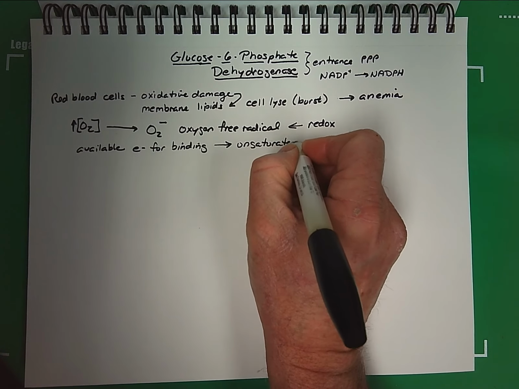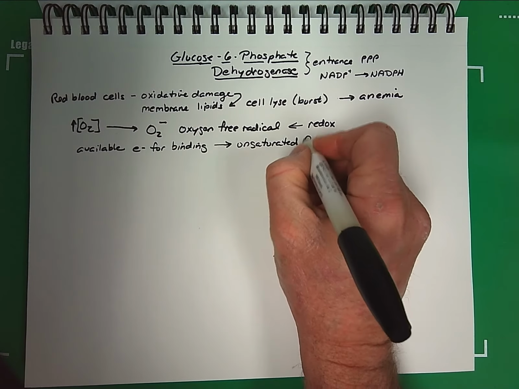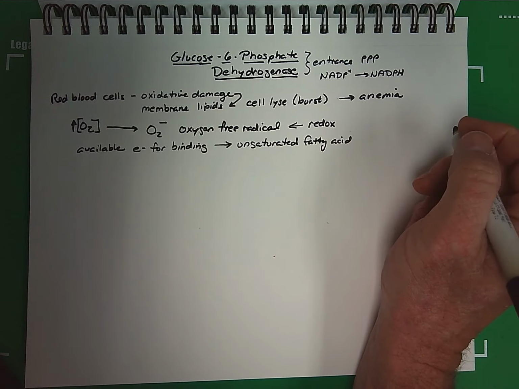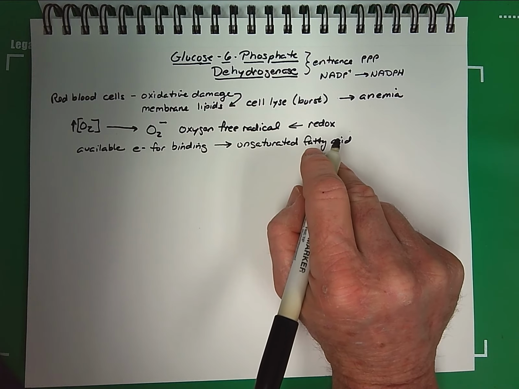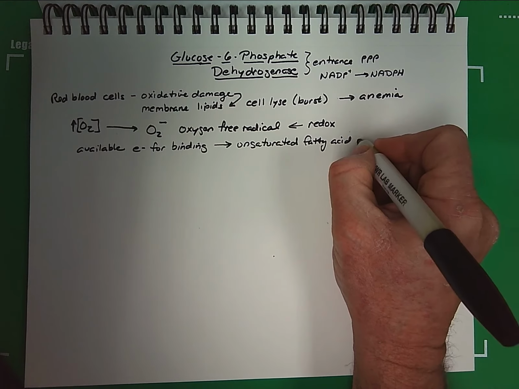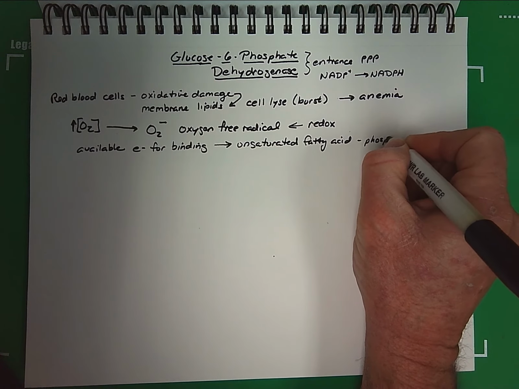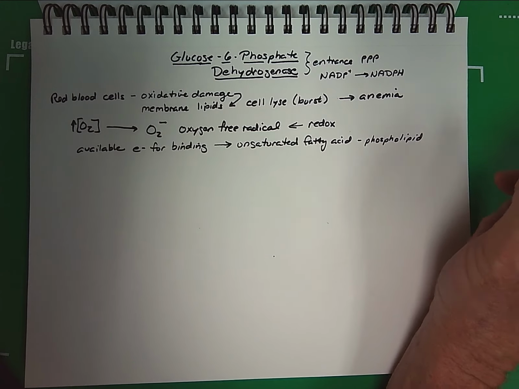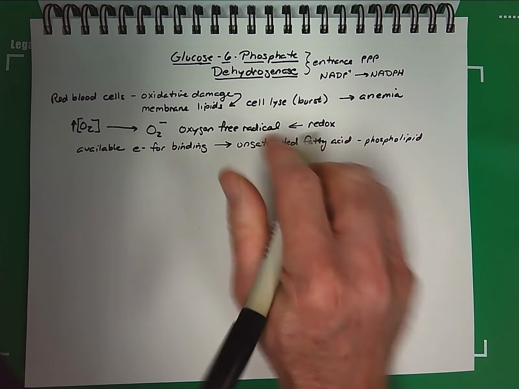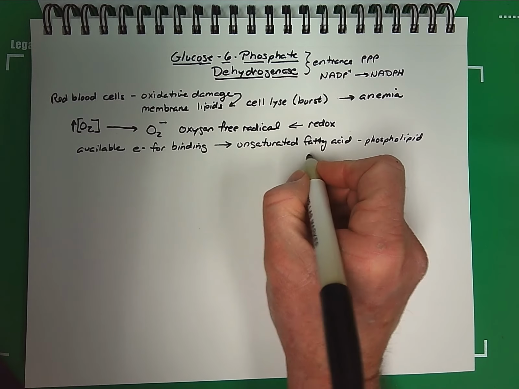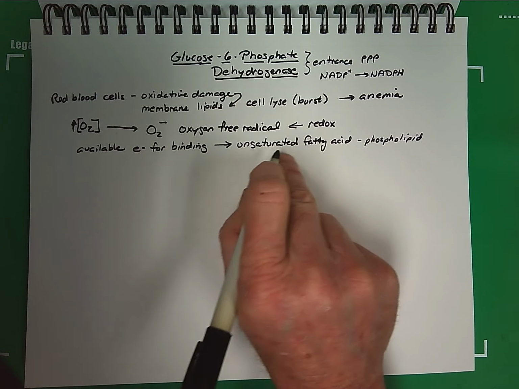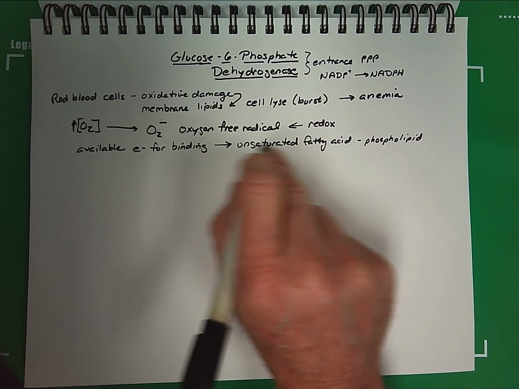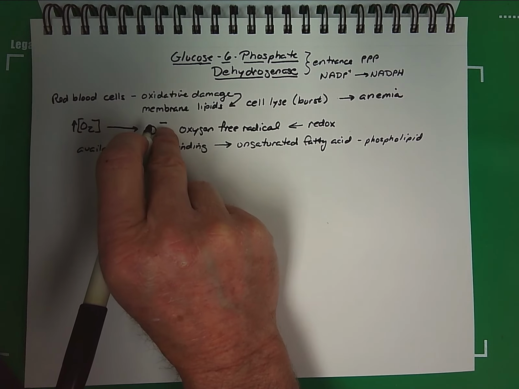For example, if we have an unsaturated fatty acid on our membrane as part of our phospholipid that is constructing our lipid bilayer, unsaturated fatty acid means that we have a carbon-carbon double bond. Those electrons in that double bond are susceptible to attack by these free radicals.